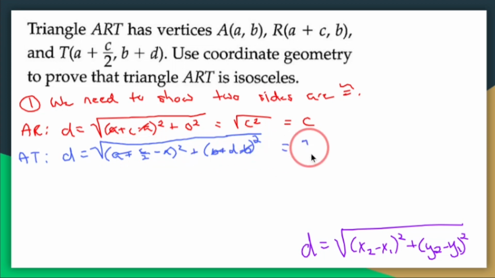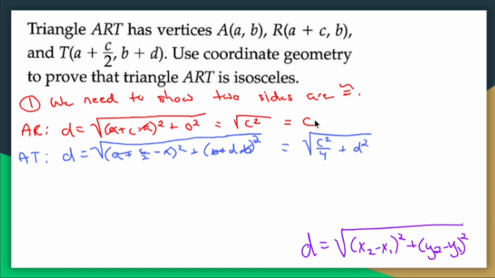So that ends up being C over 2 squared, which is C squared over 4, plus just D squared. Let's leave it like that because it's not going to simplify any further. There's no tricks to find the square root of a sum. So let's leave it like that.